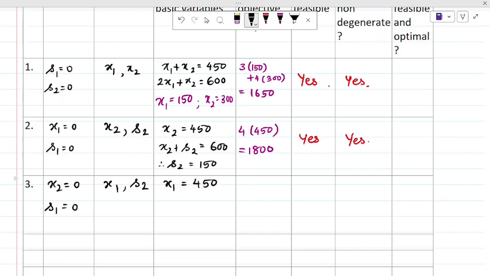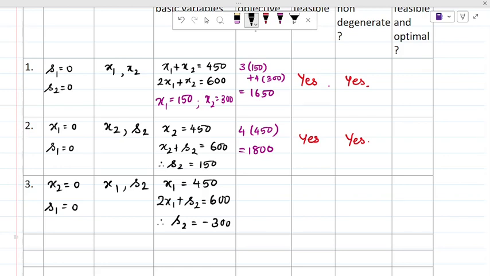In the second equation, x2 is 0 and s1 is 0, so we have 2x1 plus s2 equals 600. On solving this I will get s2 equal to minus 300, because 2 times 450 is 900 and that minus 600 gives s2 equal to minus 300.